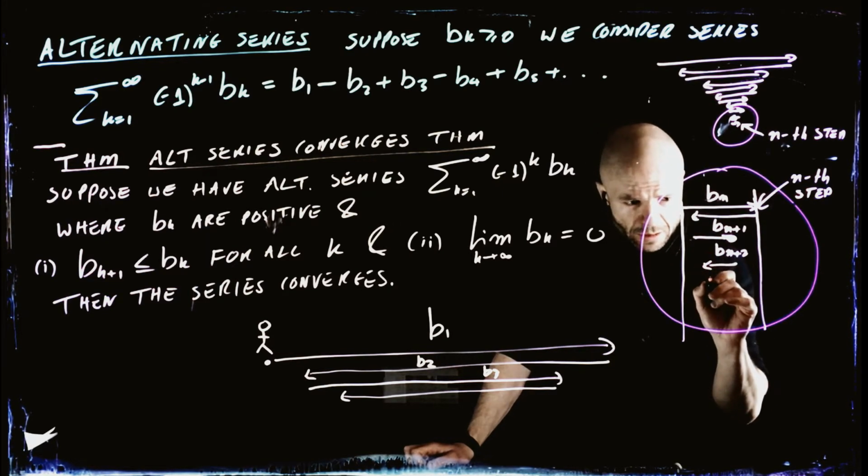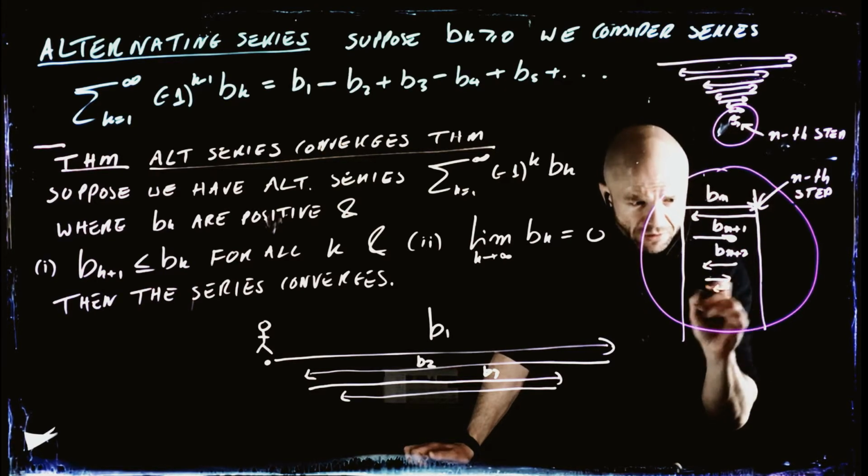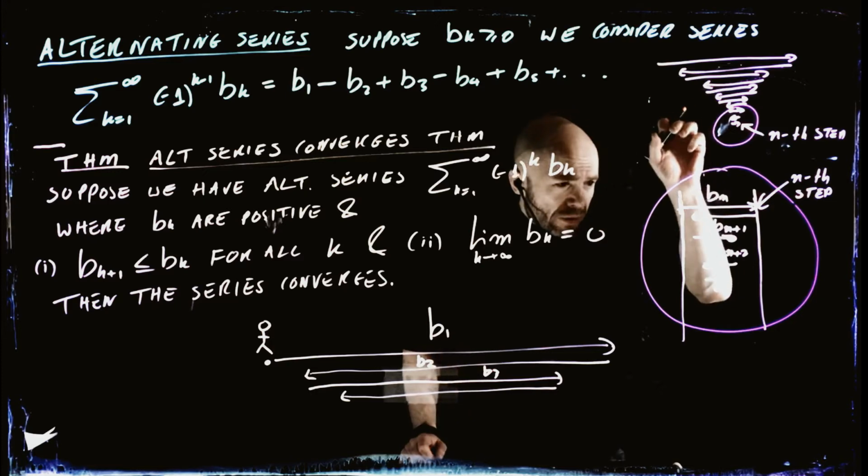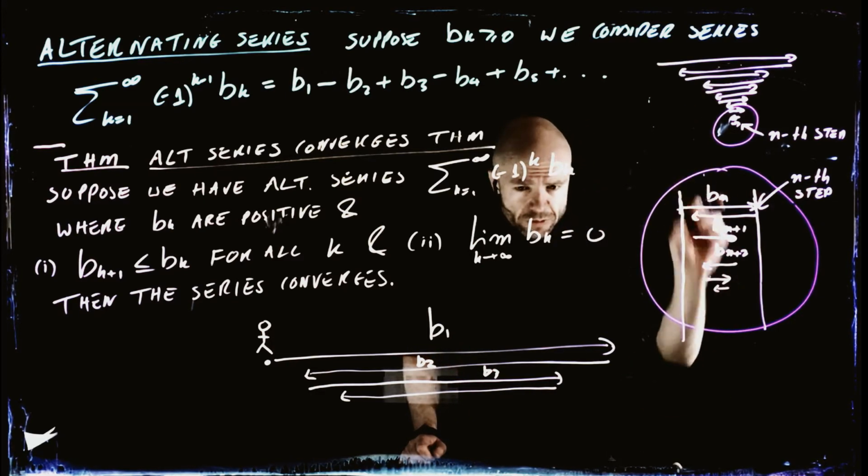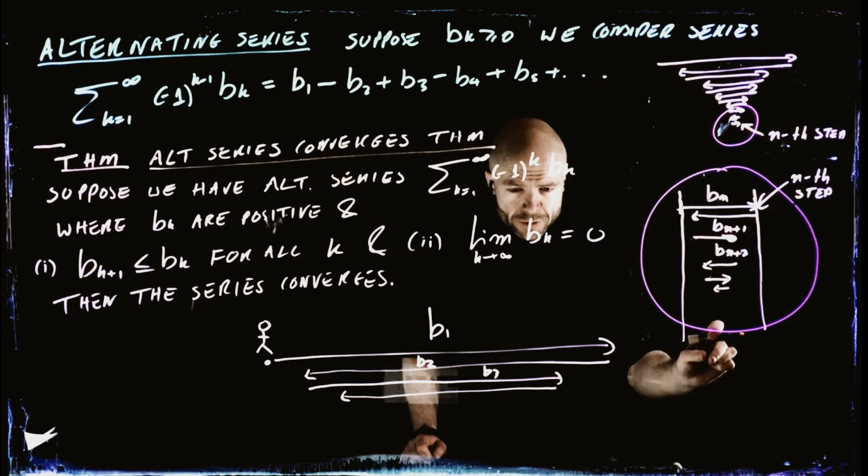Yeah? The (n+4)th, still trapped between these lines, the (n+5)th. From wherever we are onwards, we are trapped between these lines right here. You see what I mean?